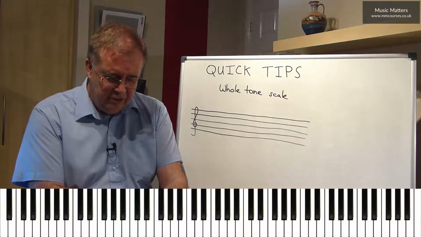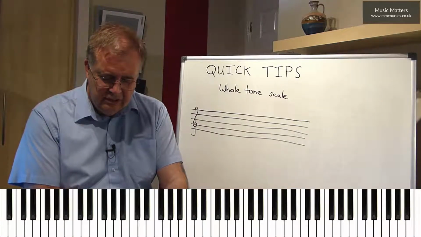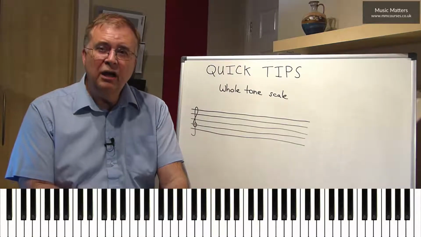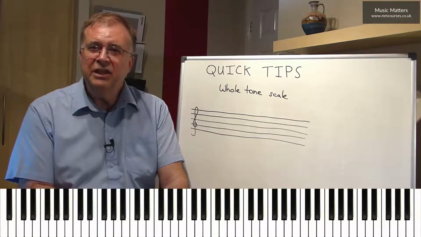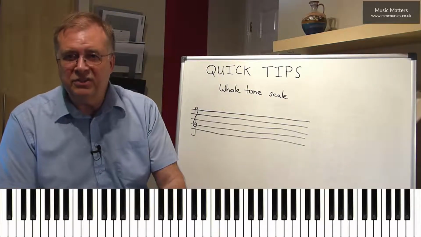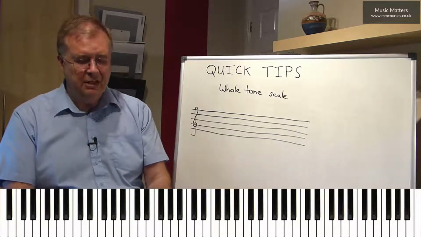What I've got here is tone, semitone, tone, tone, semitone, a tone and a half, and then a semitone at the top. So that's a different combination of tones and semitones that makes a piece work in a minor key instead of in a major key.